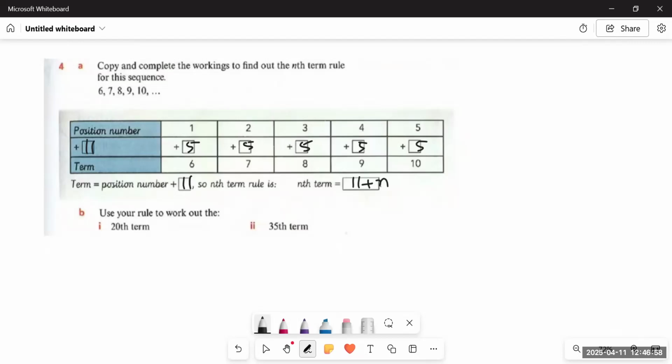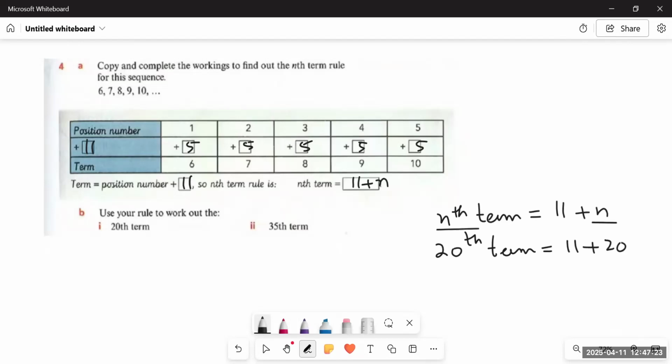Now we have to use the rule to work out the 20th term. What would be the 20th term? It would be simple. Since the nth term is equal to 11 plus n, the 20th term would be 11 plus 20. We will simply replace the n. Wherever n comes, we will replace those values.